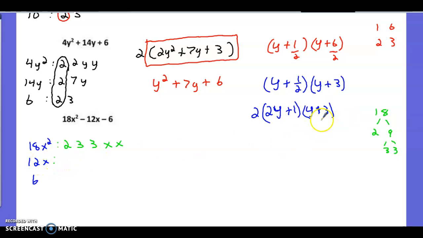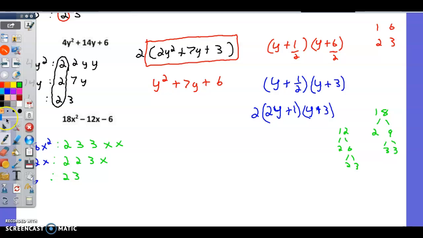So 12, if we break down 12, we have 2 and 6, 2 and 3, and then 3 is a prime number, so we just have 2, 2, and 3, and an x. And we break down 6, we have 2 and 3. All right, so I'm going to clean this up a little bit and get my eraser to work.